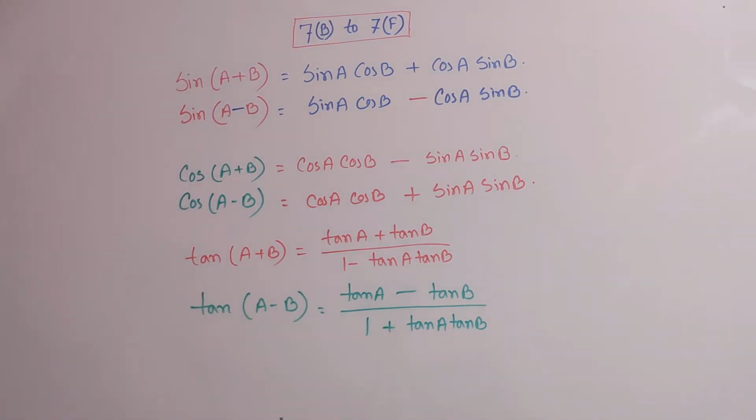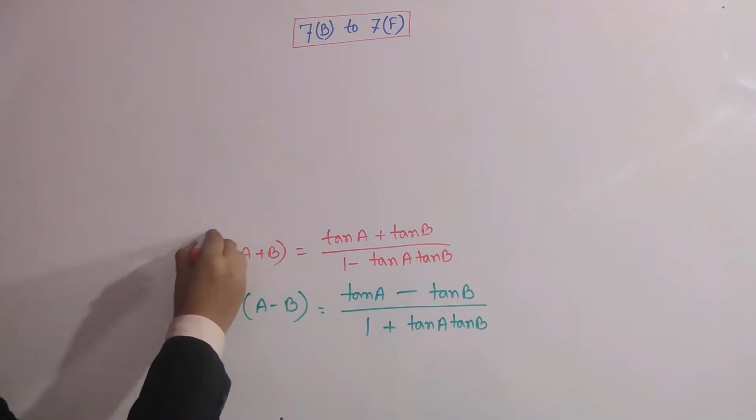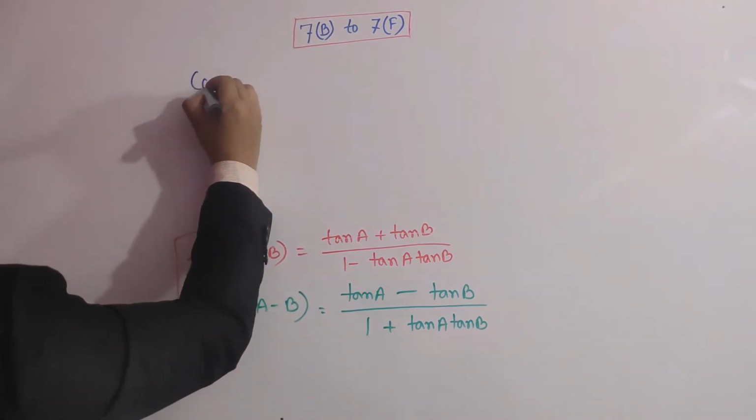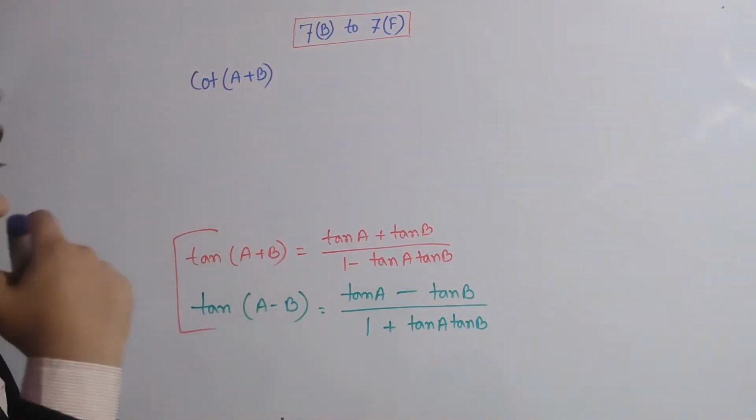So now we move on to our another formula, that is cot. Here was tan, now we are going for cot. What's the formula for cot A plus B? Look at the board very carefully.